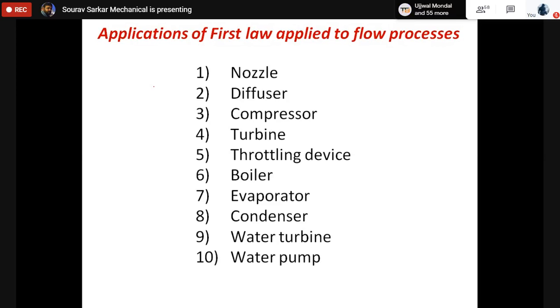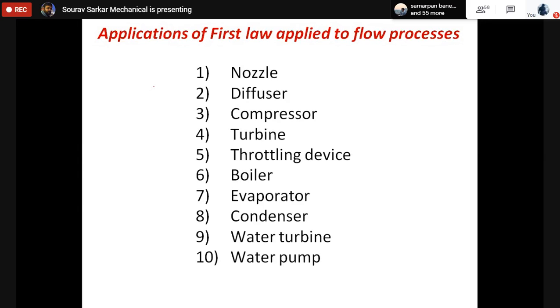Suppose now you can consider that all of you became an energy auditor. What do you mean by energy auditor? An energy auditor is basically a person who calculates how much energy is coming and how much energy is going to leave. If you became an energy auditor, you can select any device and check how much energy is coming and how much energy is leaving.